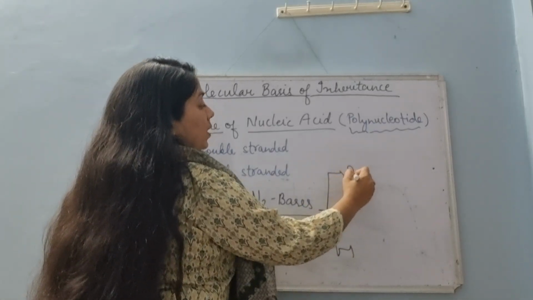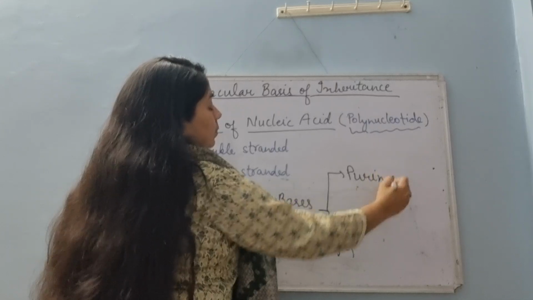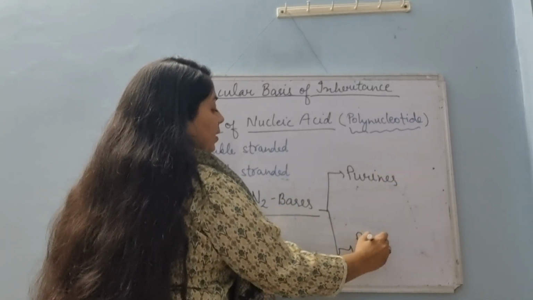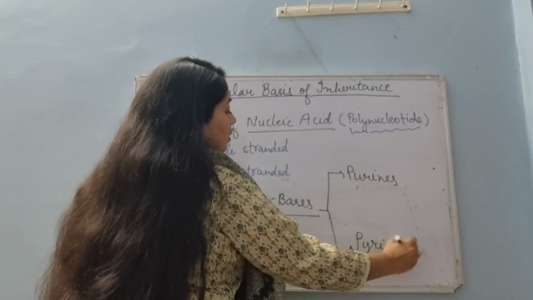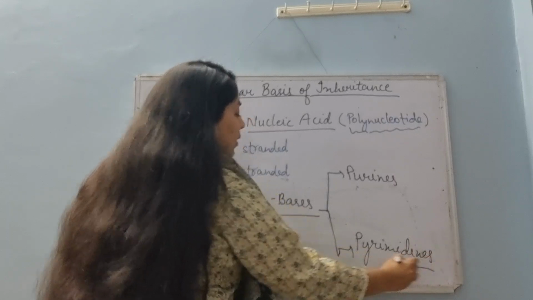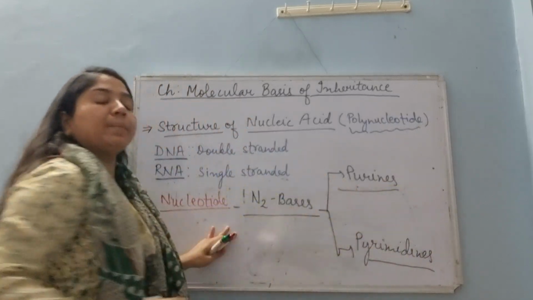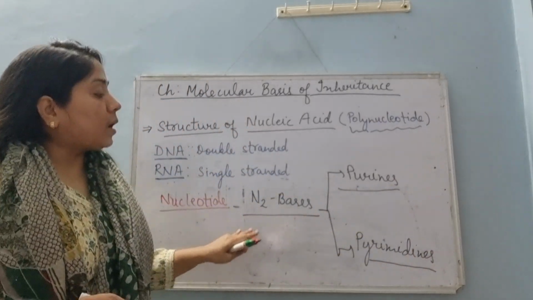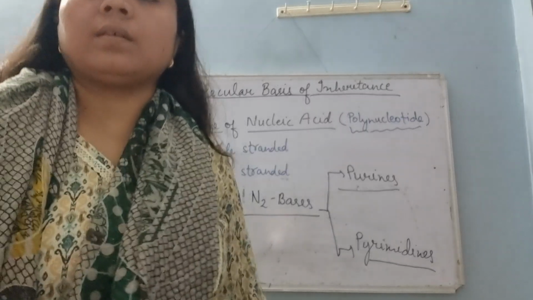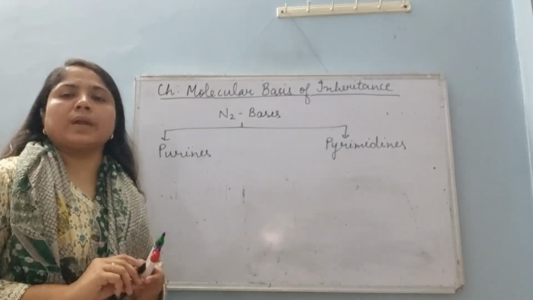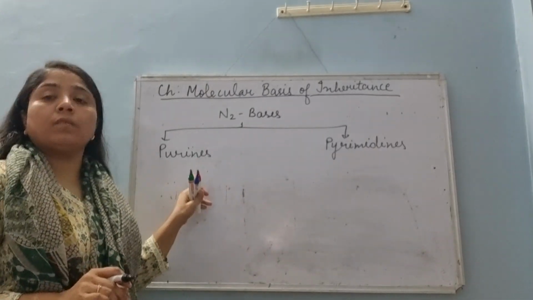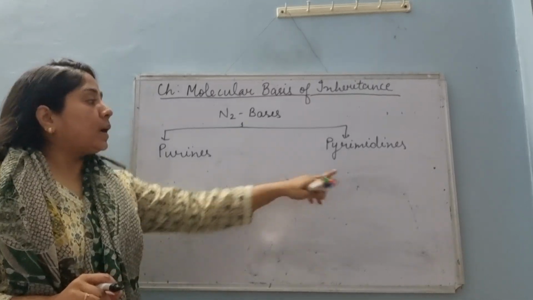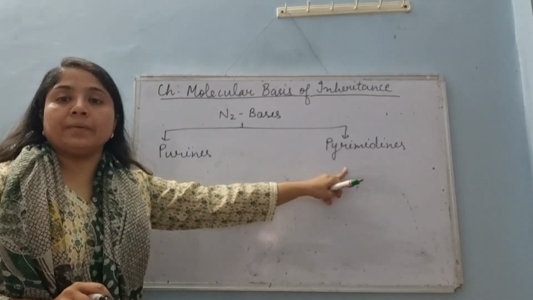One is purines, another one is pyrimidines. So nitrogenous bases are of 2 types. First type is purines and second type is pyrimidines.